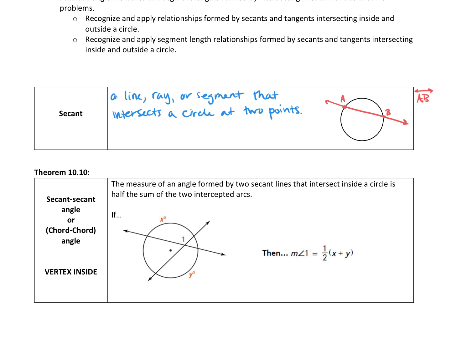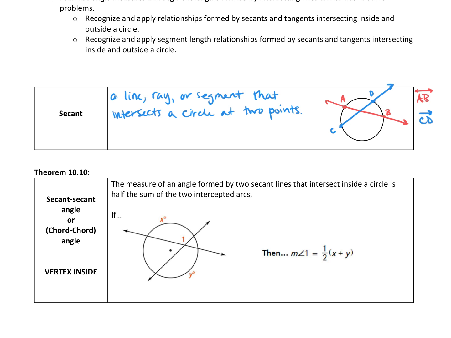We also have, it could be a ray. So a ray has an endpoint and then continues in one direction with an arrow on the other end. So maybe this is endpoint C and it passes through point D. So this is ray CD, with the segment with one arrow above.